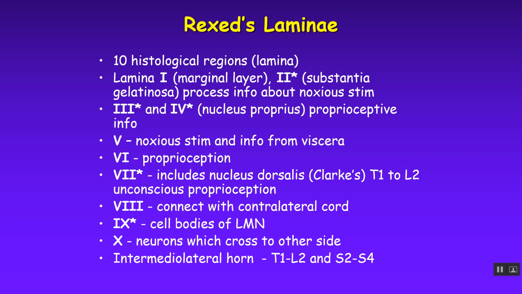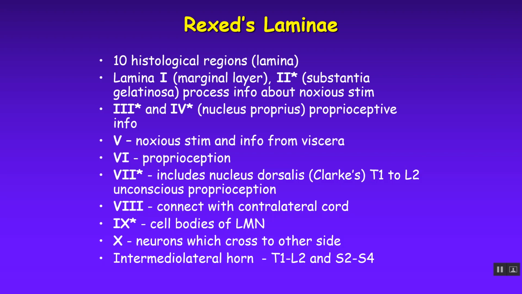Lamina 1 is called the marginal layer, and lamina 2 is mainly what makes up the substantia gelatinosa. That's where you process information about noxious stimuli, pain, and some temperature as well, but mainly pain. So lamina 1 and mainly lamina 2 contribute to the substantia gelatinosa.